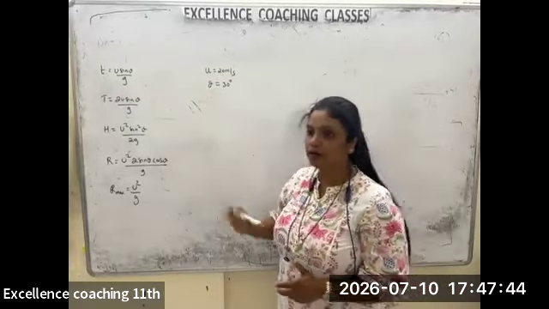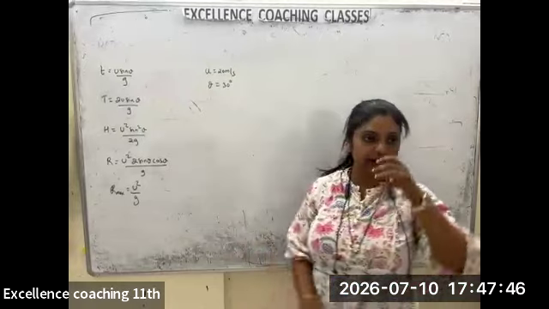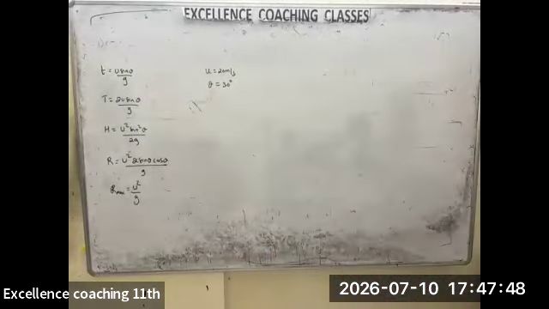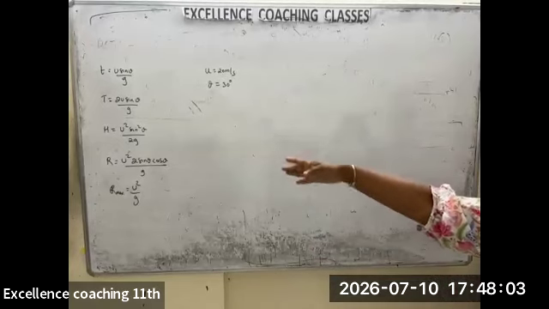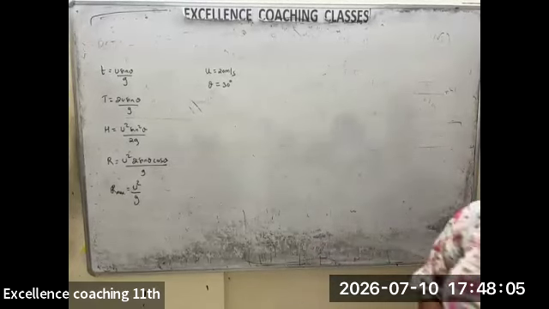First you have to find all these. Can you find them out directly? I don't think so, I will have to help you here. First one is maximum height, right? H. U is given, theta is given, g you take as 10.